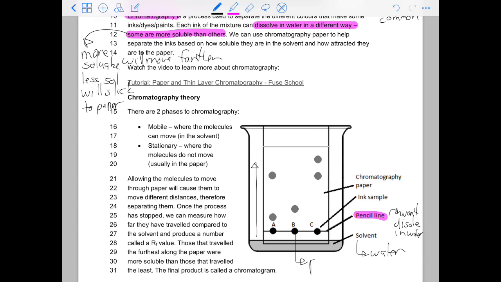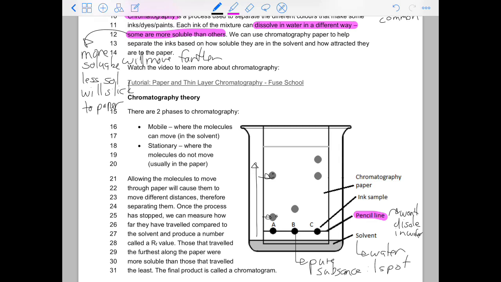So B is a pure substance because it has only one spot. Whereas A is a mixture because it has formed two spots. The first spot, the one that's lower, is an ink that is less soluble than the one that's higher up because it's traveled less far. So it's less sticky to the water and will stick more to the paper.